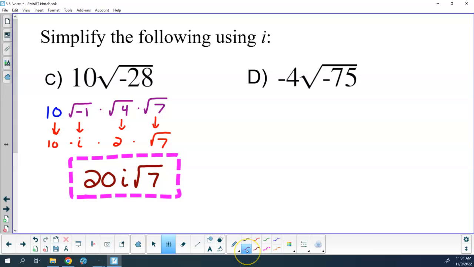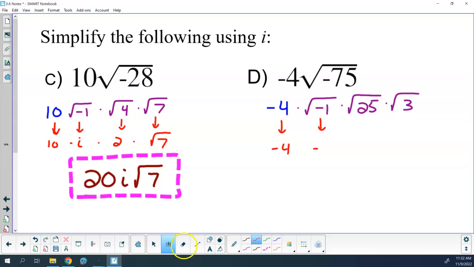Negative 4 is free. Square root of negative 75 is the square root of negative 1 times the square root of 25 times the square root of 3. Negative 4 is negative 4. Square root of negative 1 is i. I'm going to put negative i. Whoa, tap the brakes.